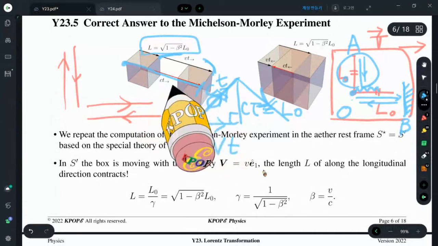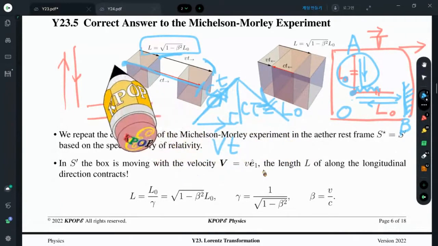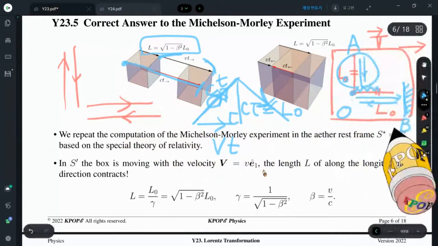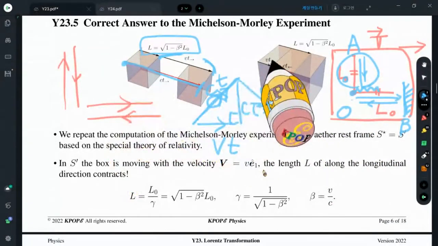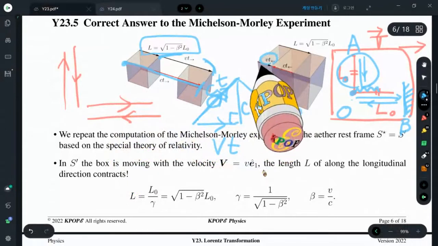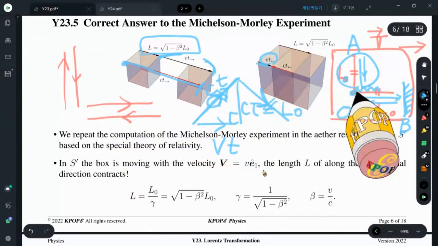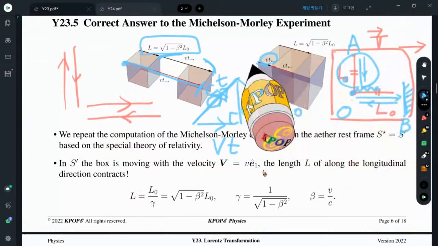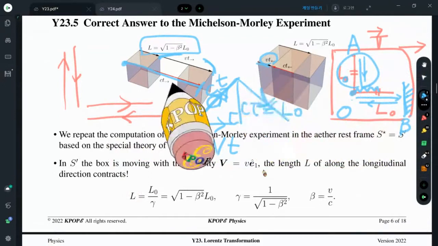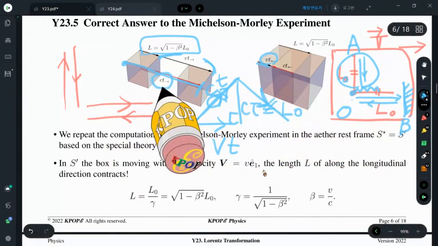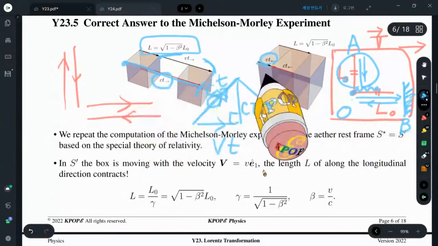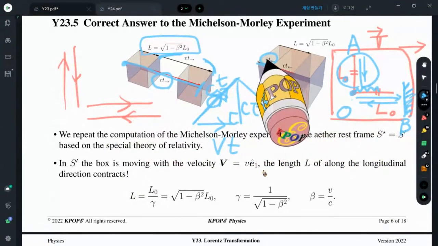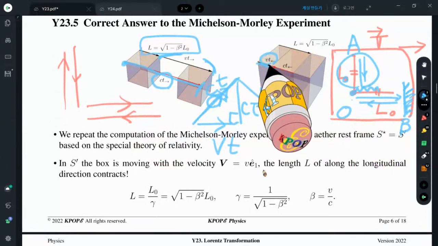And when it returns backward, this whole device is still flying. So when it returns, we need to consider the motion of this whole object forward. So it needs a longer time to hit this mirror on the way forward. However, when it returns, it needs less time. That is the basic idea.